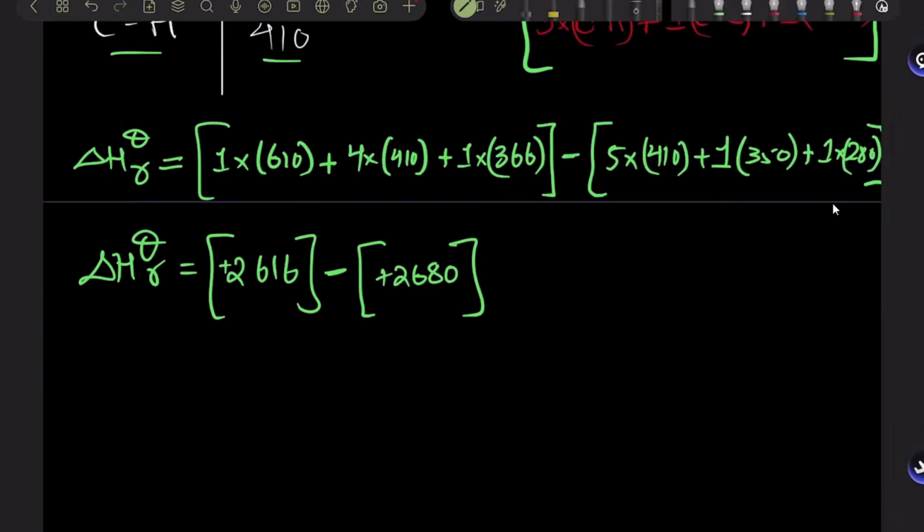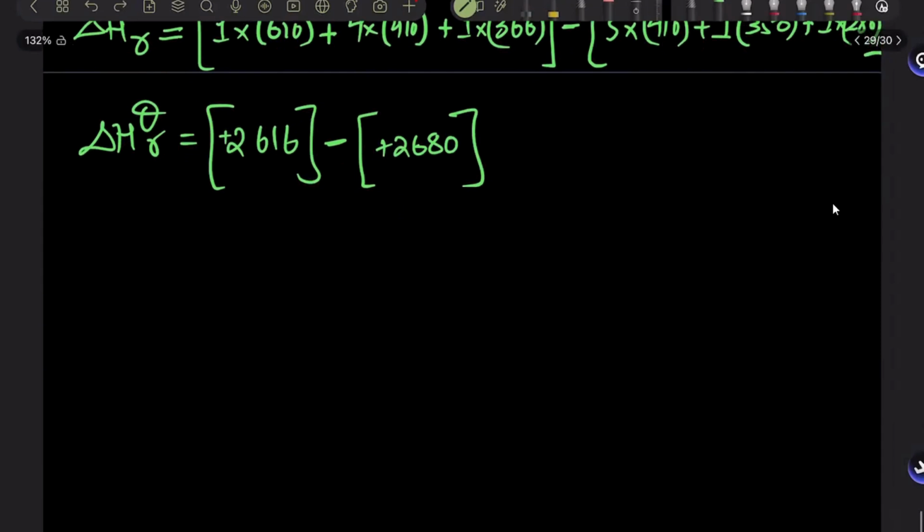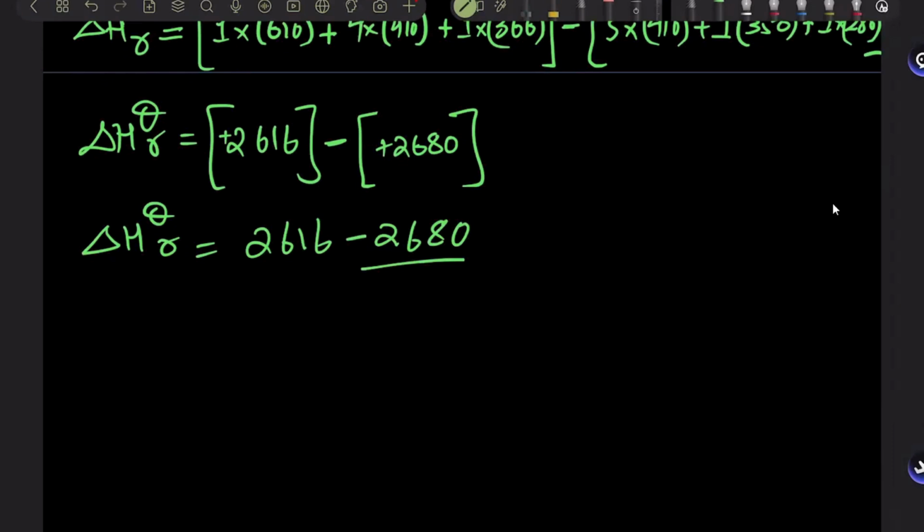The formula was plus energy taken in minus released energy. I made it minus released energy. So when I open this bracket, it automatically becomes negative energy. That's why I will just plug in the values and calculate the answers. Now when I open the bracket, delta H naught of reaction is equal to 2616 minus 2680. So this is now the released energy. What would be the answer of this?